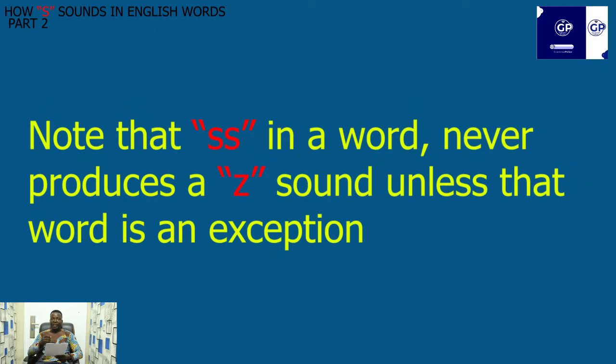Note that SS does not produce any Z sound. Put that in your head. SS does not produce any Z sound in any word, except there are exceptions. So when you have SS, they take the sound of that original S. There is no Z in this business.